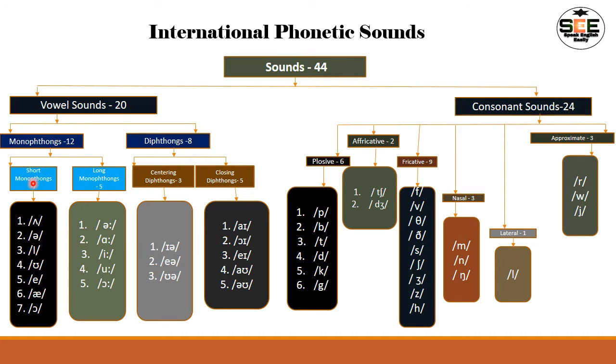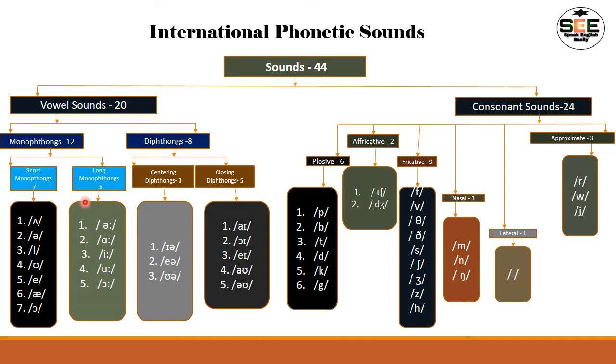Short monophthongs are 7 and long monophthongs are 5, so 7 plus 5 equals 12 monophthongs. Diphthongs are 8: centering diphthongs are 3 and closing diphthongs are 5, so 3 plus 5 equals 8. Total 8 plus 12 is equal to 20.